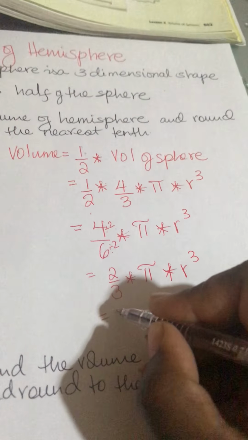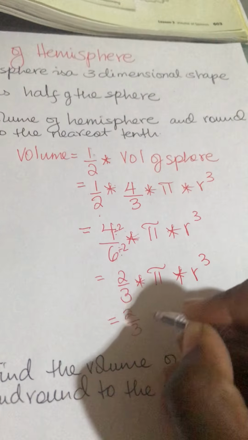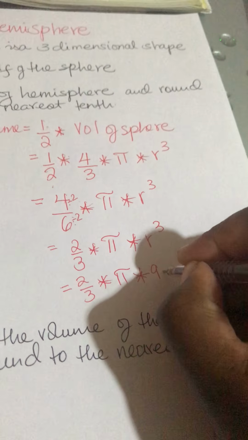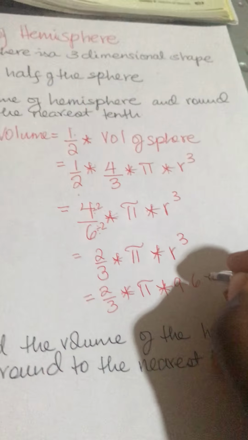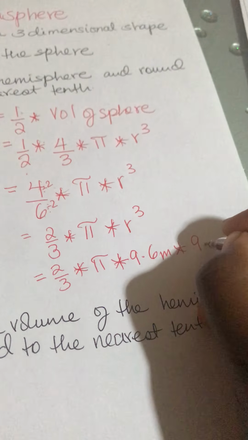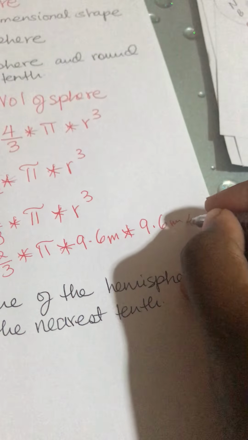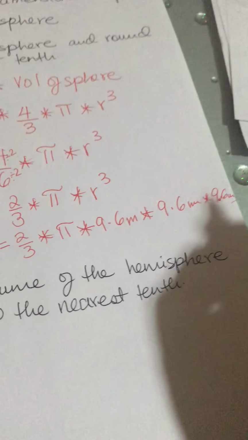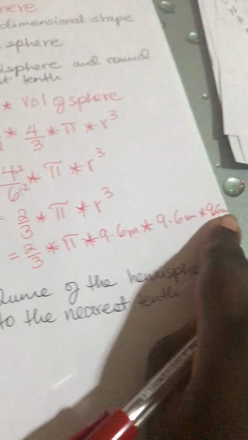Now let us put our dimensions. 2/3 times pi. My radius is 9 6/10. 9 6/10 meters times 9 6/10 meters times 9 6/10 meters. Don't forget there's decimals there.